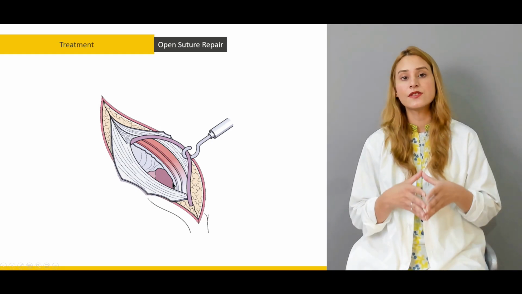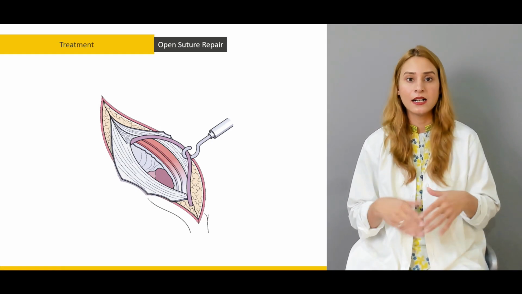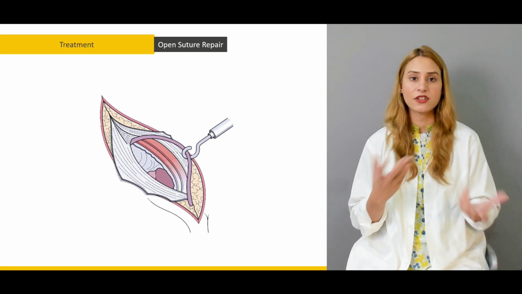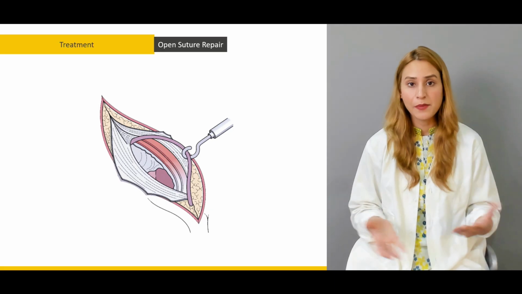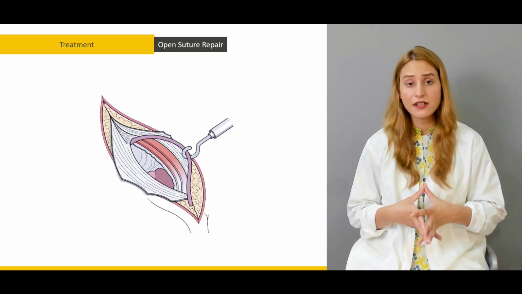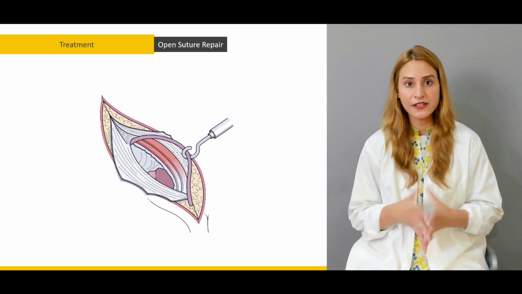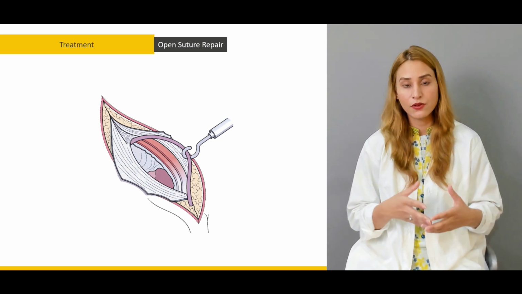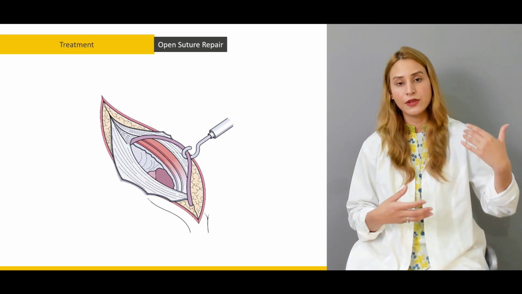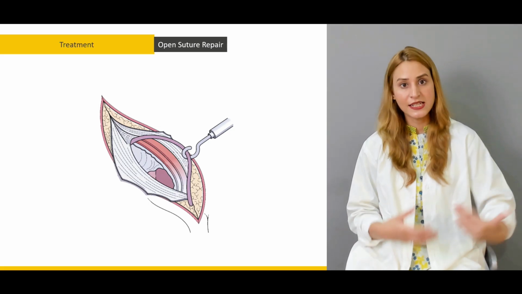And you separate the contents. Most of the time you have different types of structures in the spermatic cord: the pampiniform plexus, the vas deferens, the testicular artery and the veins, and you identify the spermatic cord. Most of the time the sac has the spermatic cord in it as well, and in the sac you have the intestinal contents.